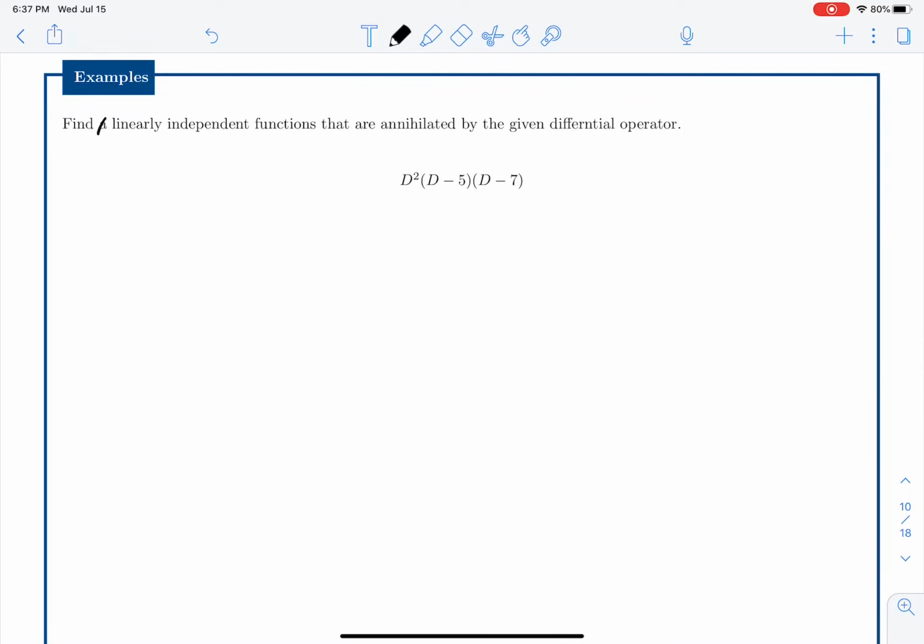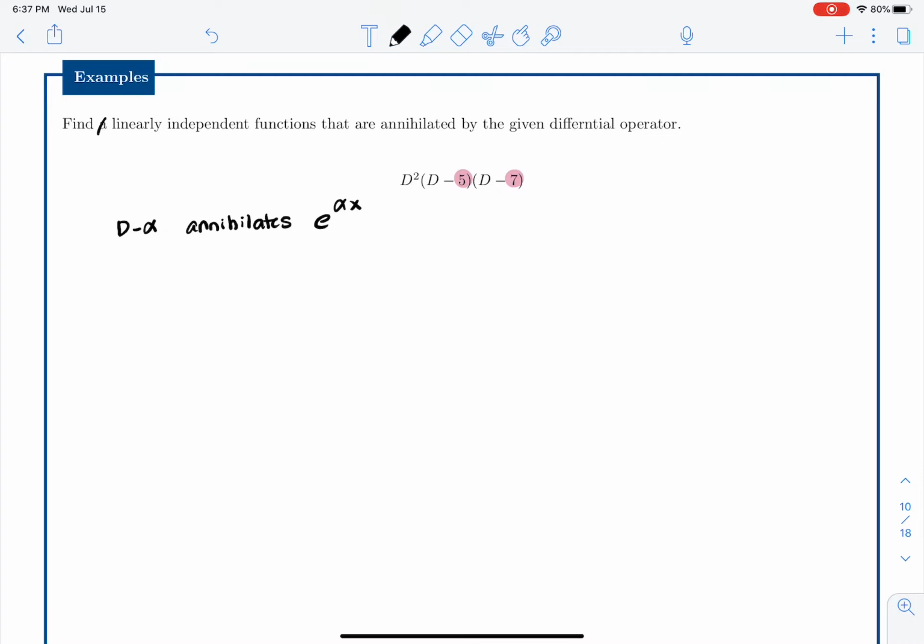Here we have D squared times D minus 5 times D minus 7. We know D minus alpha annihilates e raised to alpha x. I have two alphas, one is 7, the other is 5.